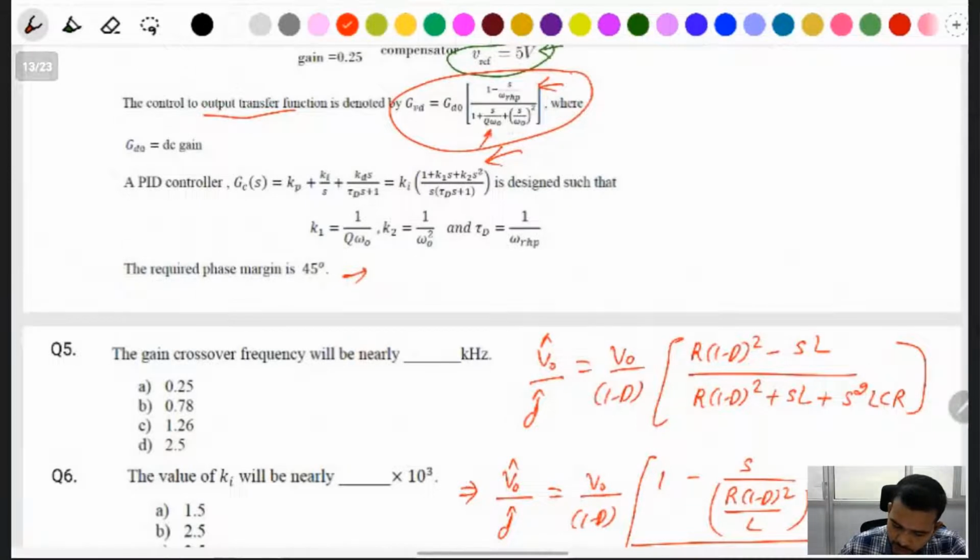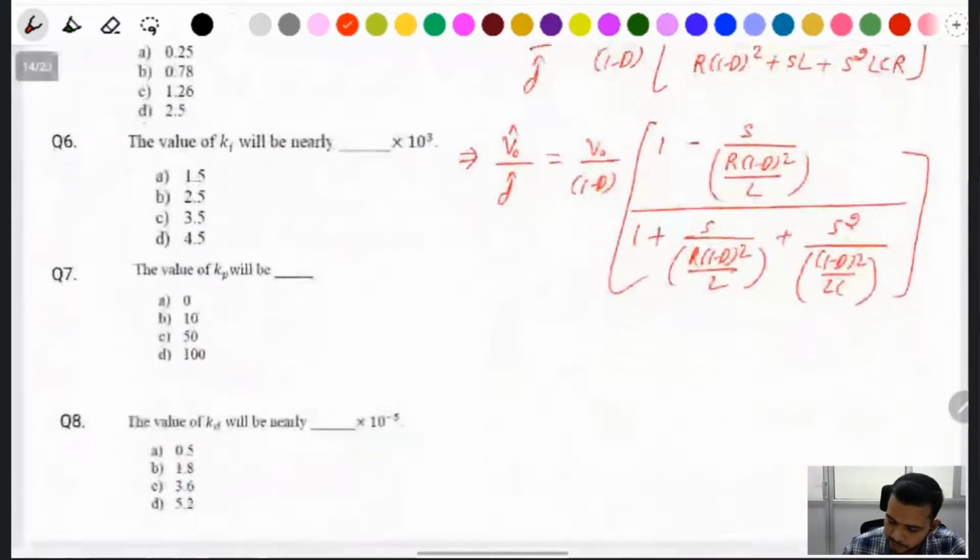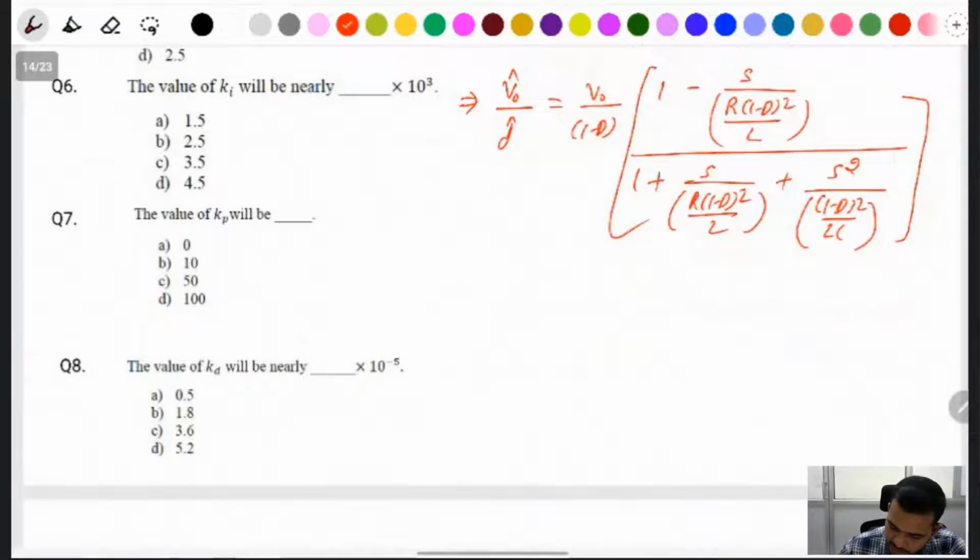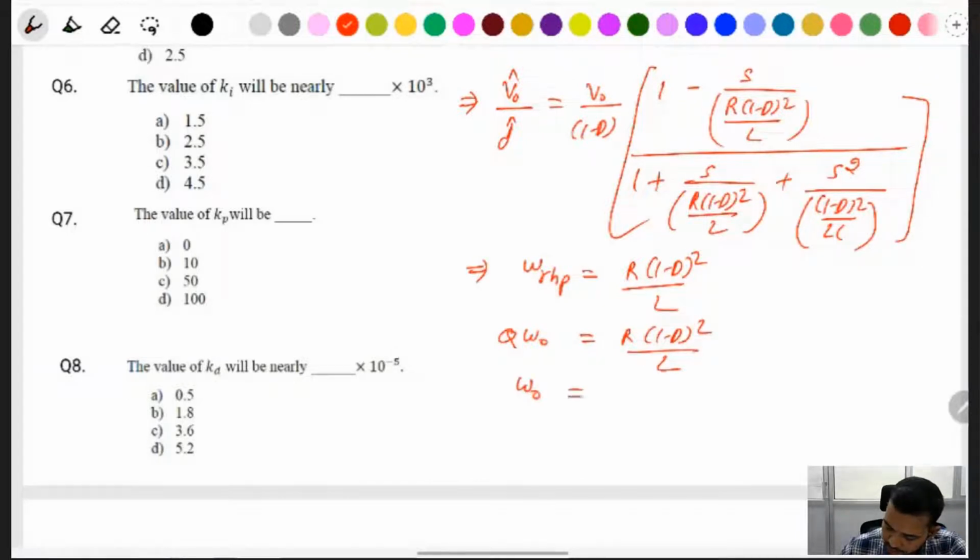You see this: 1 by omega RHP and Q omega naught divided by omega naught square. Same thing I am writing. Then we find omega RHP is equal to R(1 minus D) square divided by L, and Q omega naught is R(1 minus D) square divided by L, same.